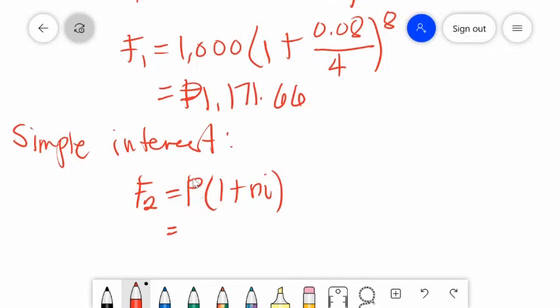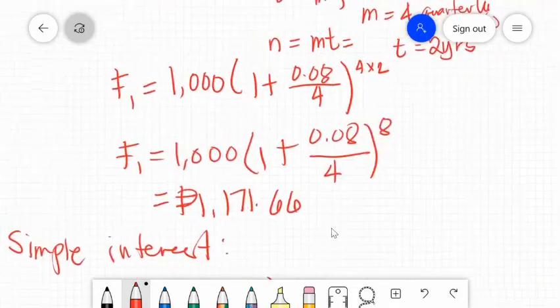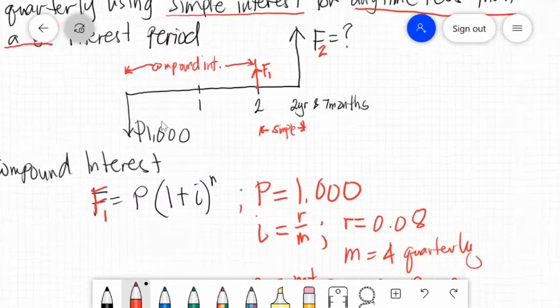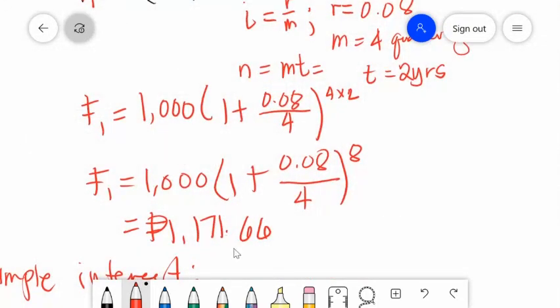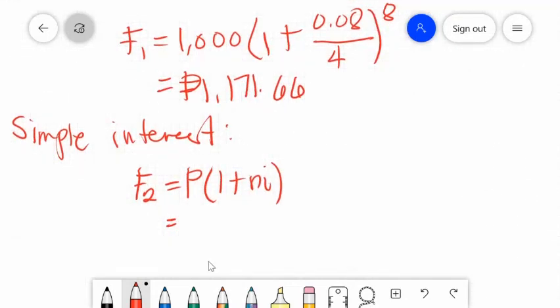So our P here is not actually the present. We will use the value of your F1 because that is the amount at the start of this period. So F2 is equal to F1 multiplied by 1 plus NI.